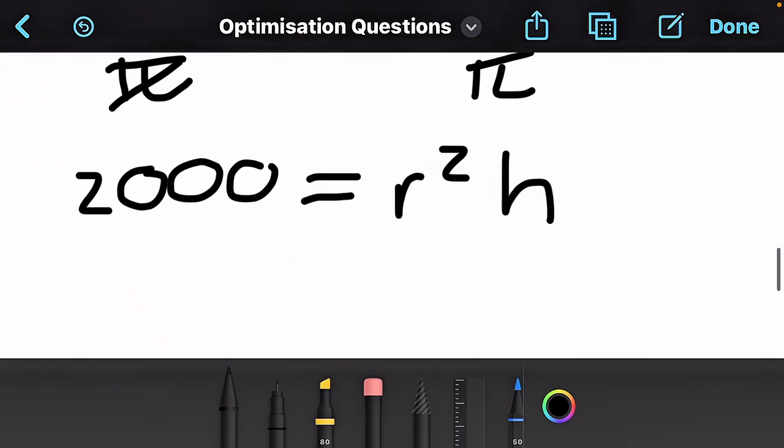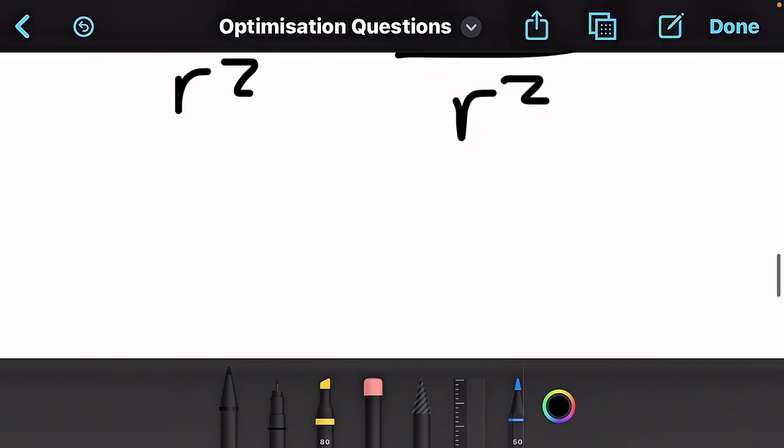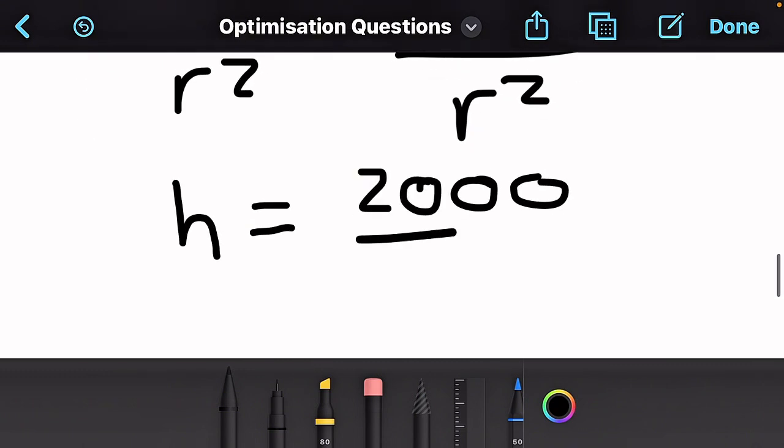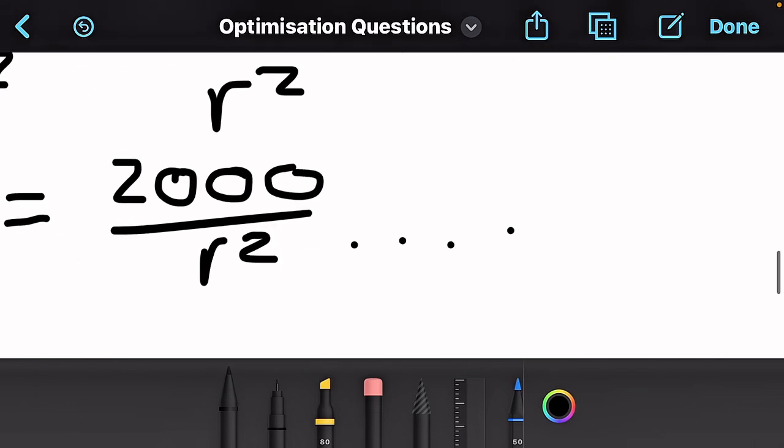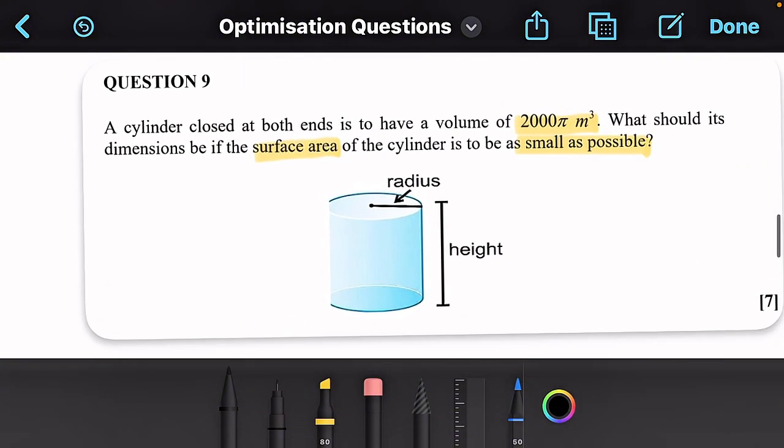Now, I want us to divide by r squared so that h remains, okay? So h is equal to 2000 divided by r squared, and we're going to list this as equation number 1. Okay, now let's carry on.